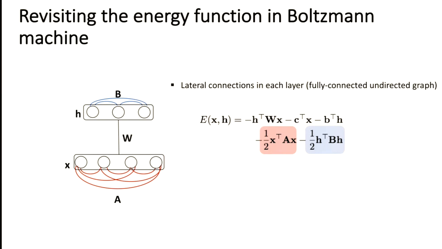The simplest Boltzmann machine has this form: you have visible units and hidden units, but there is connection or interdependence between the visible units as well as the hidden units. As a result, you have these quadratic terms in your energy function, which made learning these models quite difficult, as a result of which we would have to use some form of approximation methods.